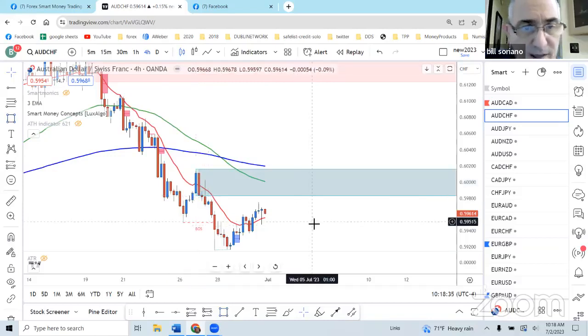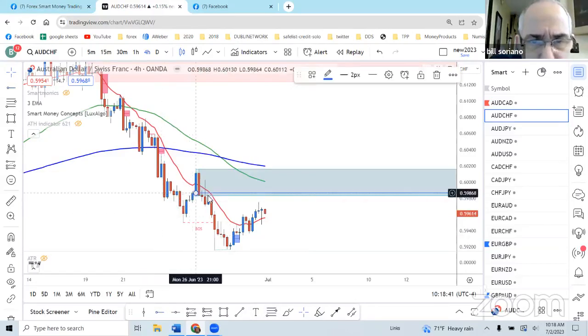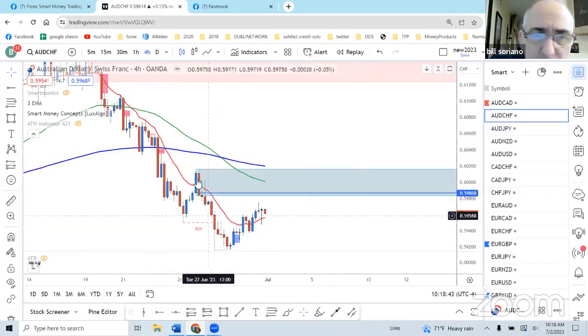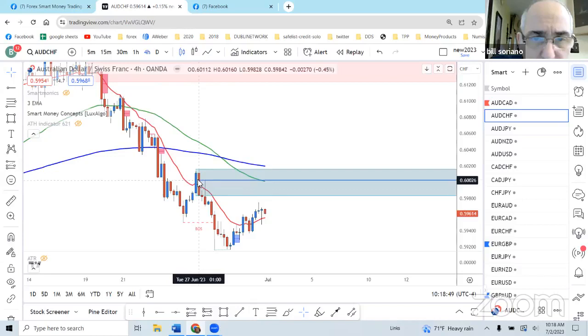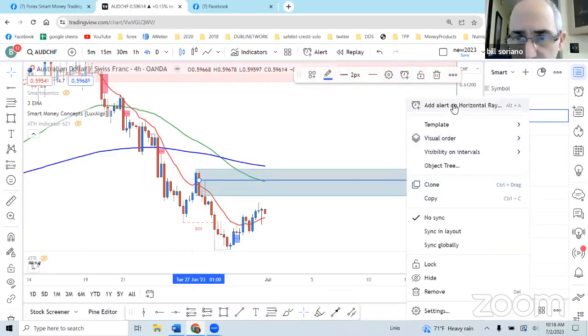So let's do that. And then our point of interest would be right here. Okay, but my issue is this imbalance right here. So sometimes you have to target the imbalance for your point of interest. And this is one of them cases where we're going to do that.